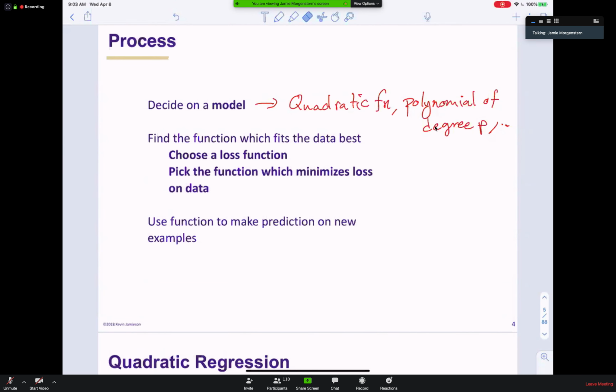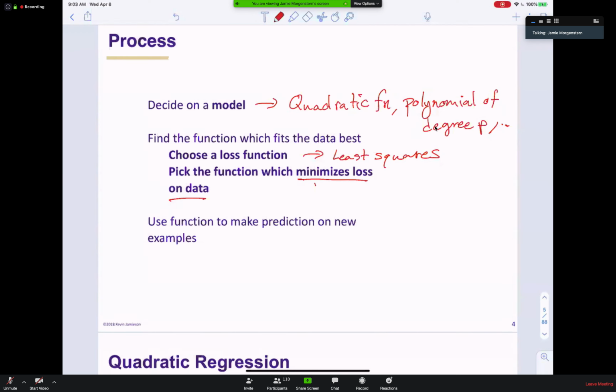That's the primary part of this recipe that we're planning to change between now and last lecture. We're still going to think about using the least squares loss function. And we're not really going to be talking about how we minimize that loss function on the data we have. That is a somewhat more complicated problem if we're thinking about nonlinear functions.